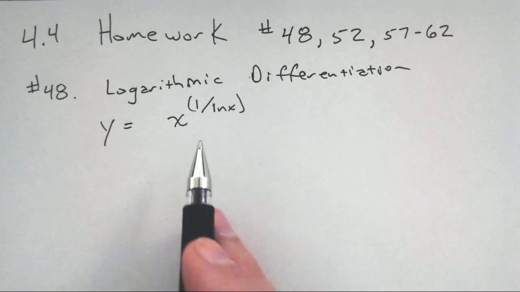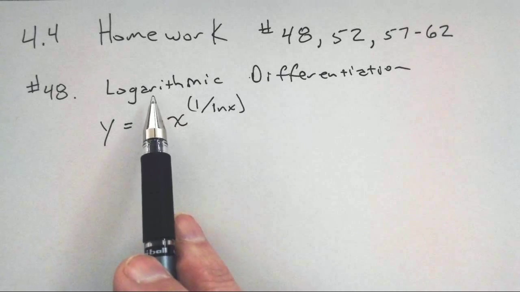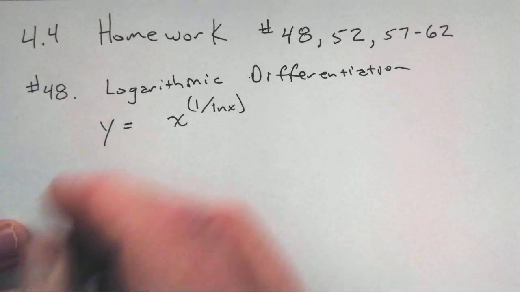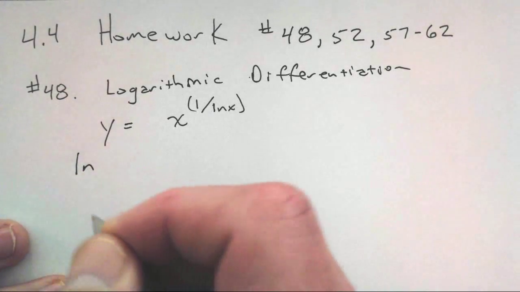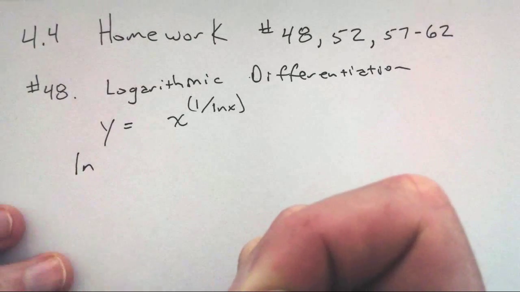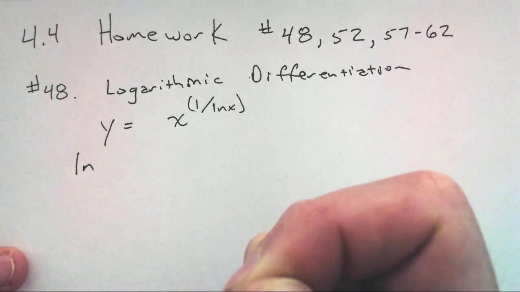So here we have this function. We're supposed to find the derivative logarithmically. So I'm going to take ln. When we're in calculus, it is all about ln because, as you found out, the derivative of natural log works really, really well with calculus.